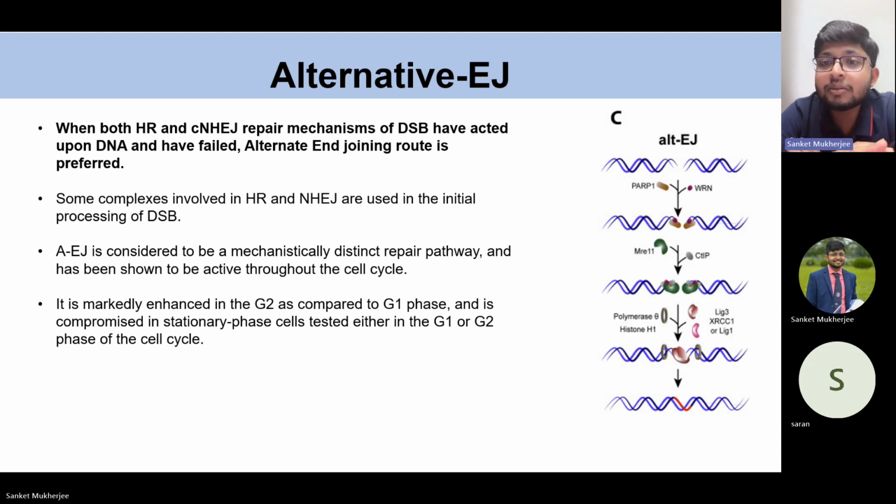And they have done some initial processing of the DNA damage, but they were not successful. So hence this alternative end joining happens. It's a distinct repair pathway, and it is always active throughout the cell cycle. However, in the G2 phase, its activity is enhanced.